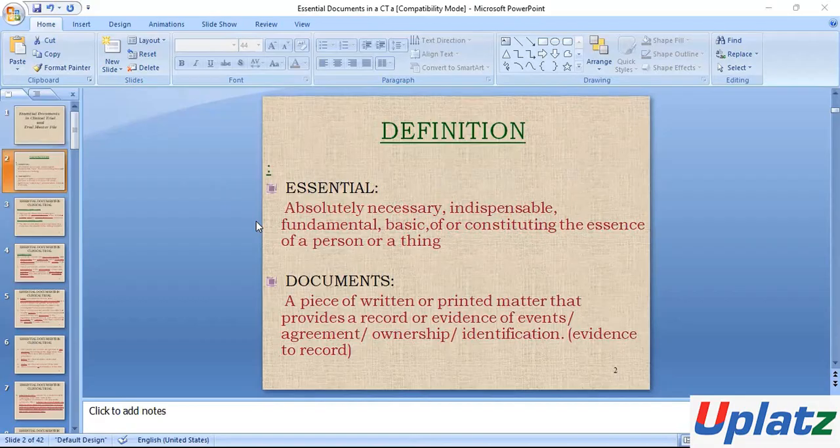Research that falls under the purview of US FDA is obligated to adhere to the principles of GCP. The GCP guideline identifies the essential documents that investigators are required to generate and maintain. Collectively, these documents are also known as regulatory binders.